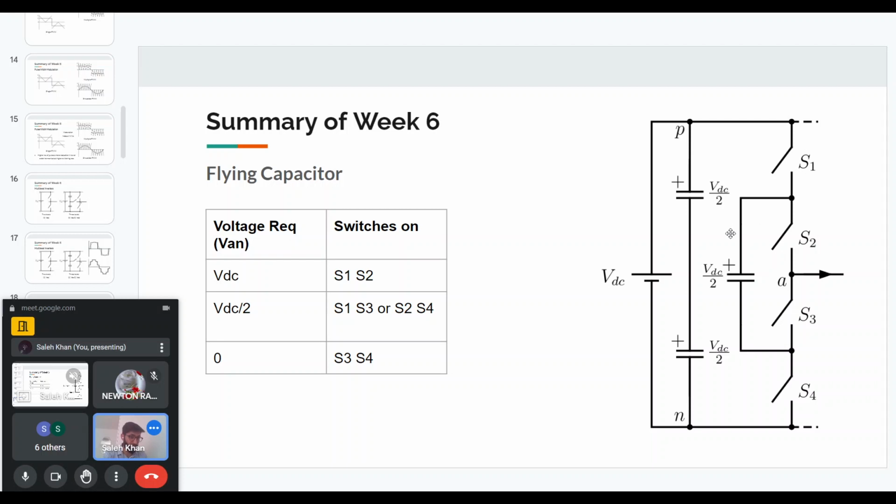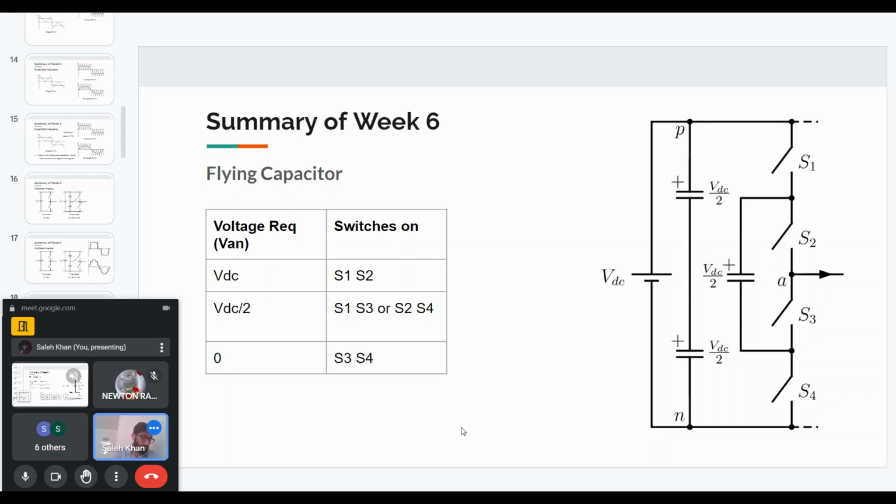The capacitor voltages come in such a manner, with the polarity such that we get VDC minus VDC by 2. That means we get VDC by 2 at the output. These multiplicities are used in the modulation of this kind of converter to achieve some objectives. So this was the flying capacitor.